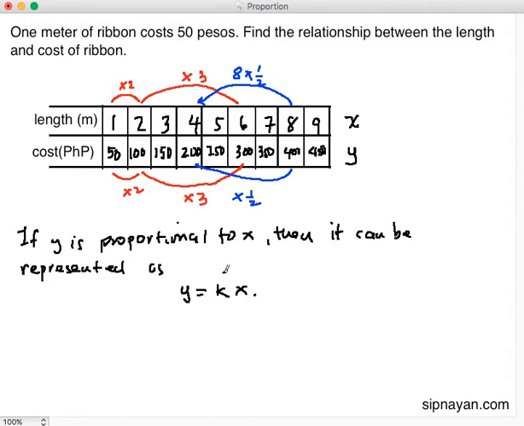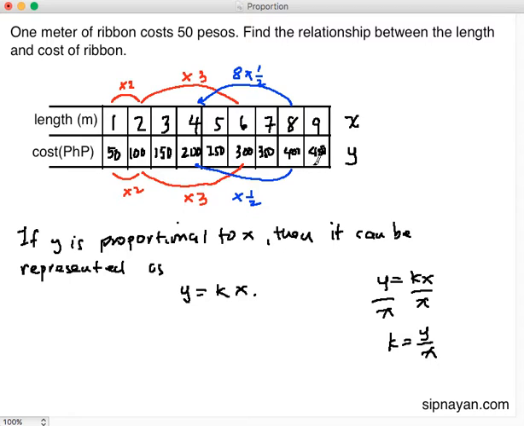No? Ano ba tong k na to? Yan yung constant of proportion natin, no? So dito, ano ang constant of proportion natin dito? So if y is equal to kx, paano kukunin yung k? If we want to get k, we divide both sides by x, di ba? So k is equal to y over x.